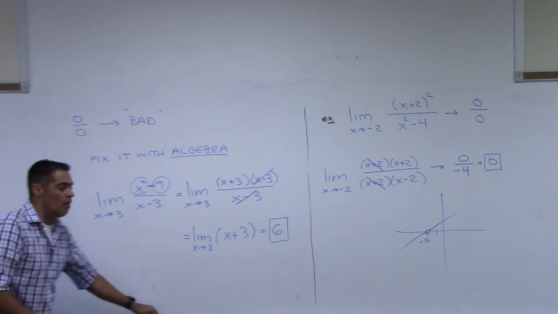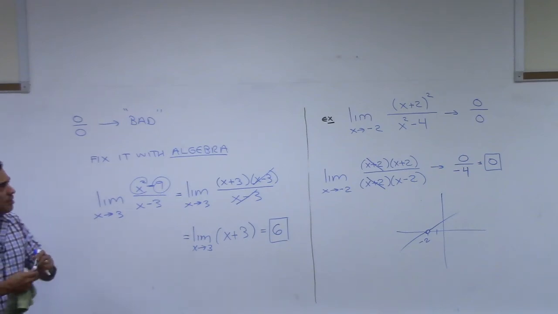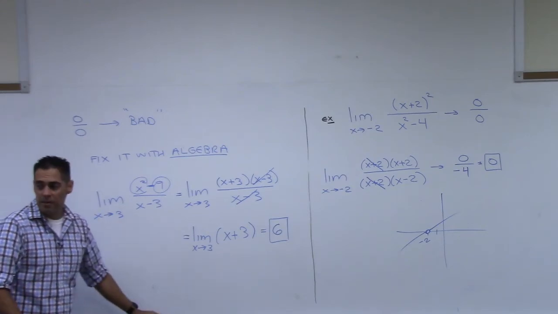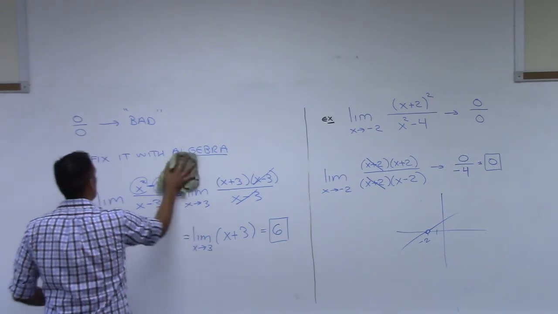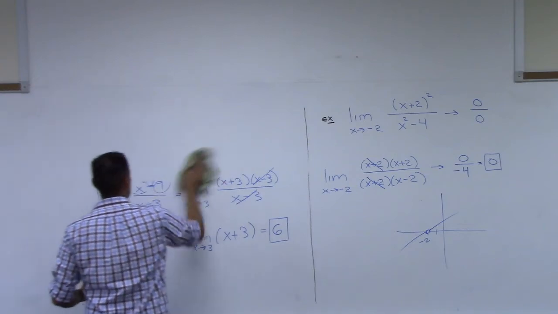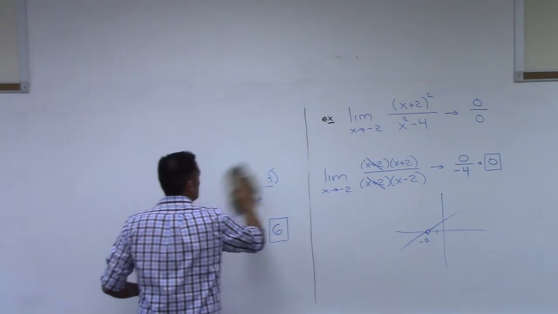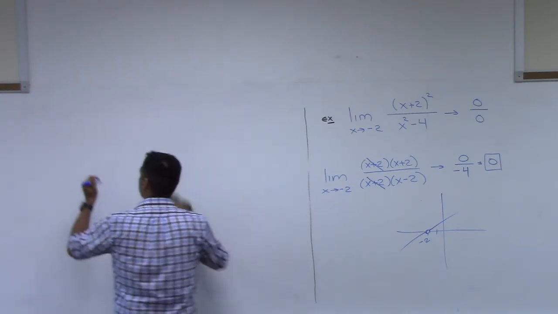So far, all I've used in order to do this is a little bit of factoring, right? Difference of squares. But we know how to use other factoring. Like we have other types of factoring. So let me give you another limit.